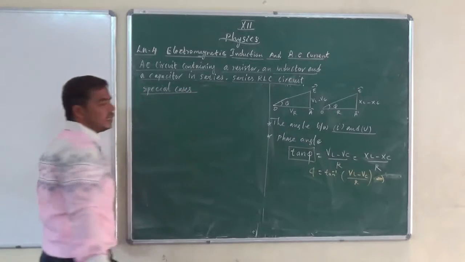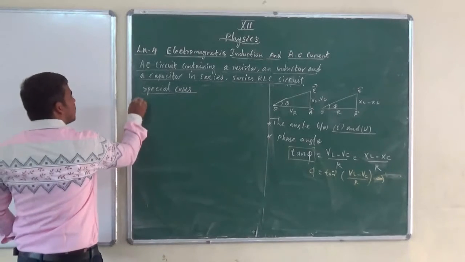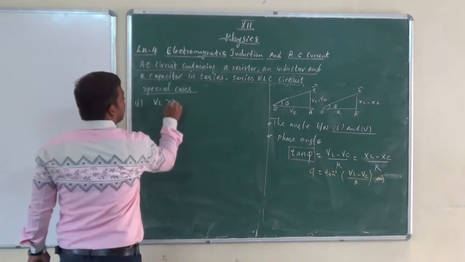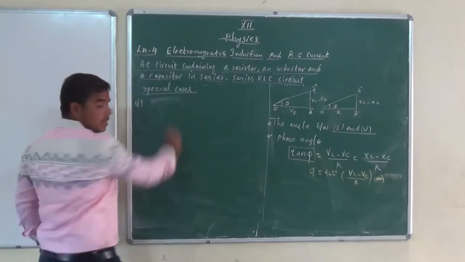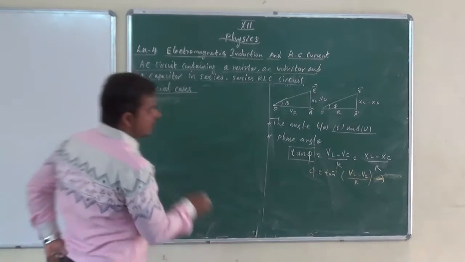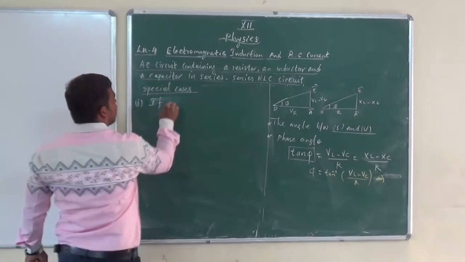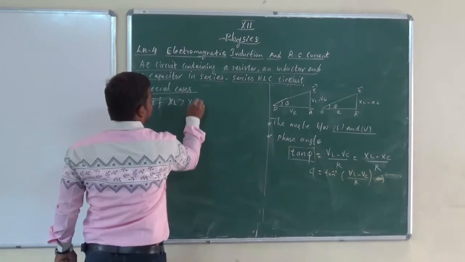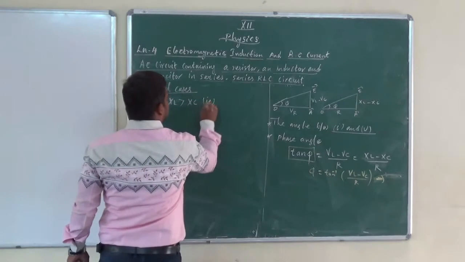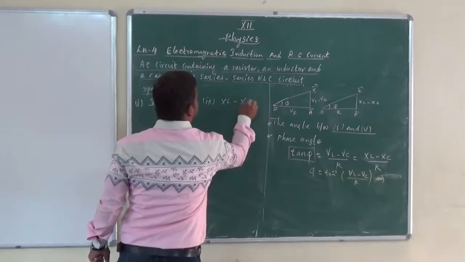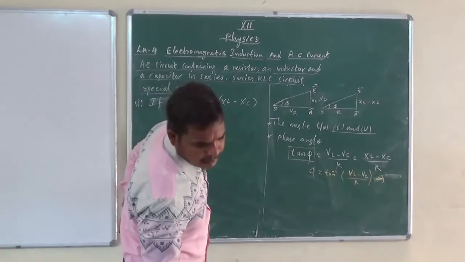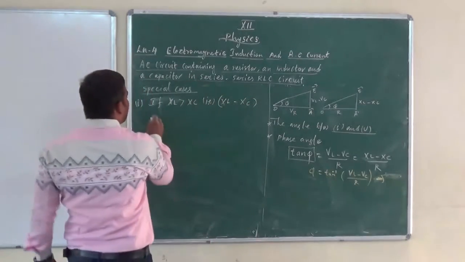So we can write the three special cases. First case: VL greater than VC, otherwise XL greater than XC. That is, XL minus XC, if it is positive.